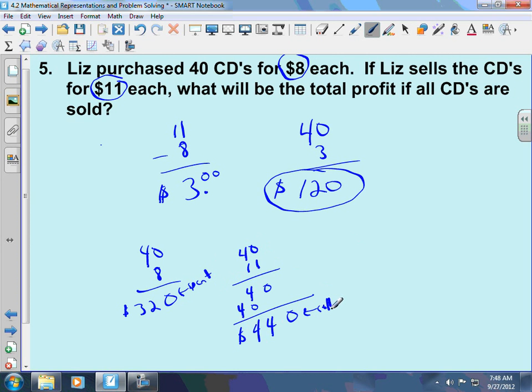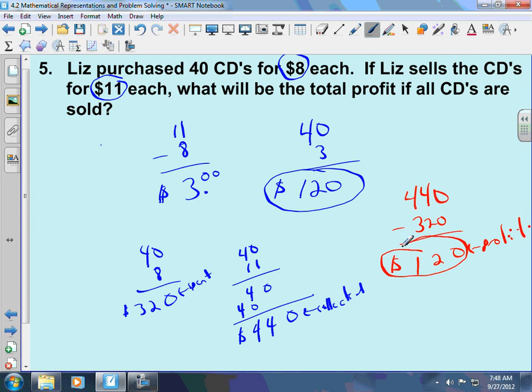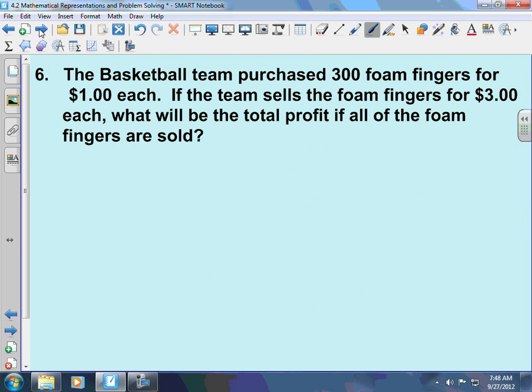This is what she collected. So now I take what she collected minus what she spent. I get her profit, $120. Okay? $120 is her profit. This is the same thing.